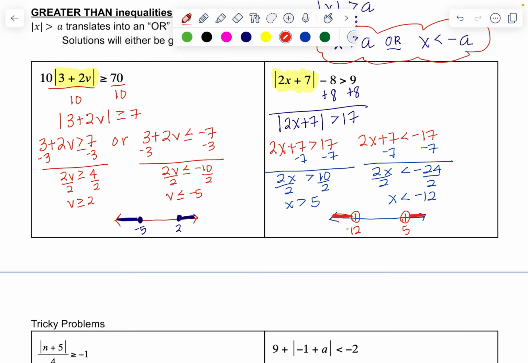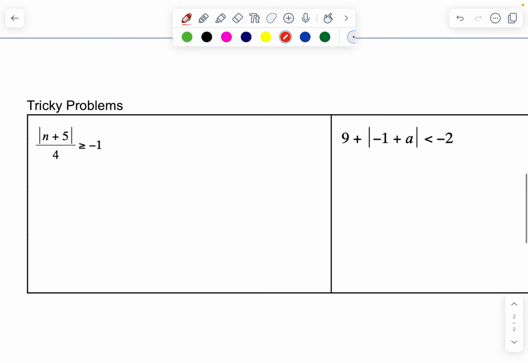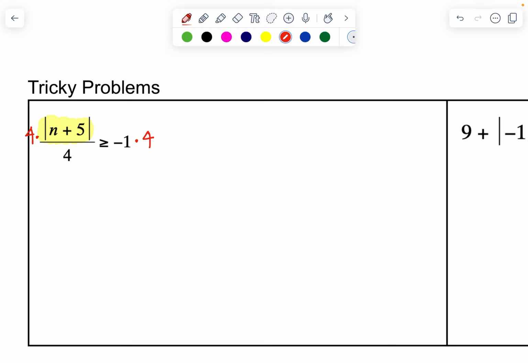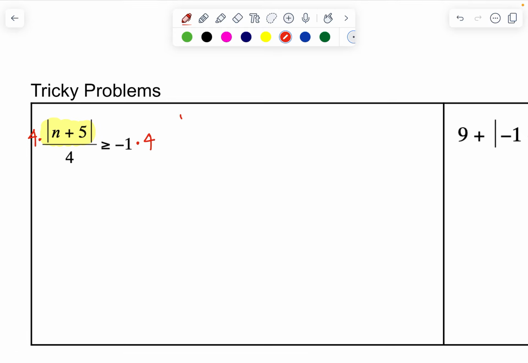Let's look at when our answer could be all real numbers or no solution. So again, we need to isolate that part first. So I'm going to start by multiplying both sides by 4. So then I get the absolute value of n plus 5 greater than or equal to -4.